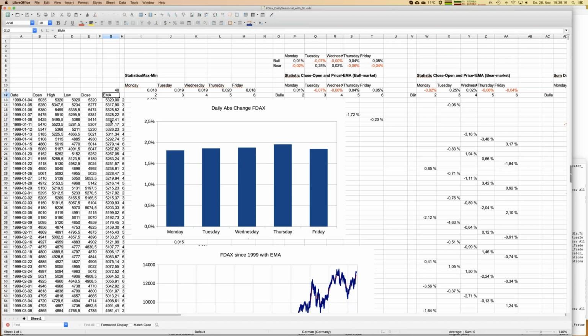And I simply use the following. If the close price is above the EMA, later we will see that to be absolutely exact, that the open of a new day is above the EMA based on the close price of yesterday.